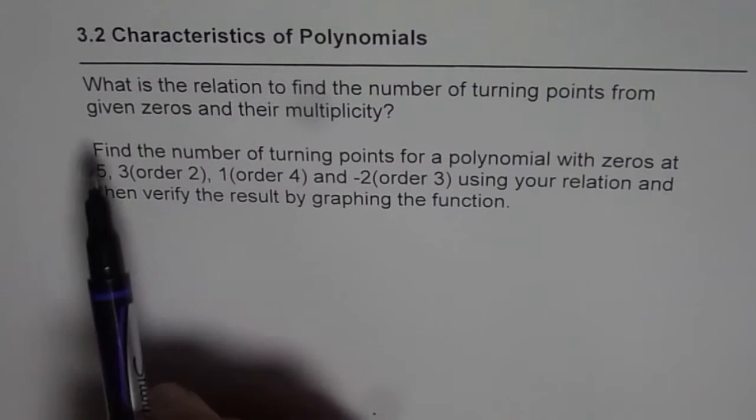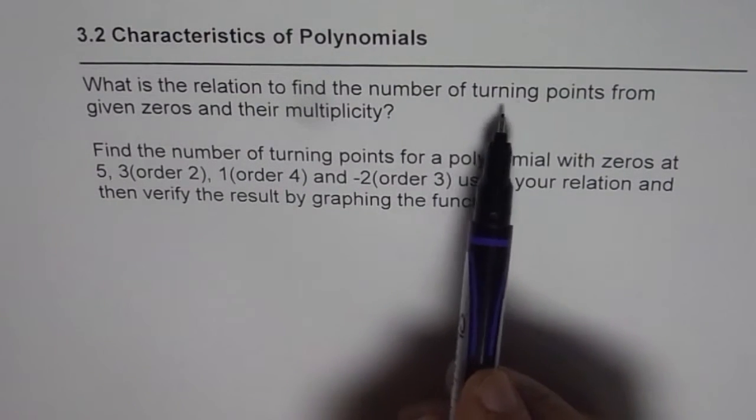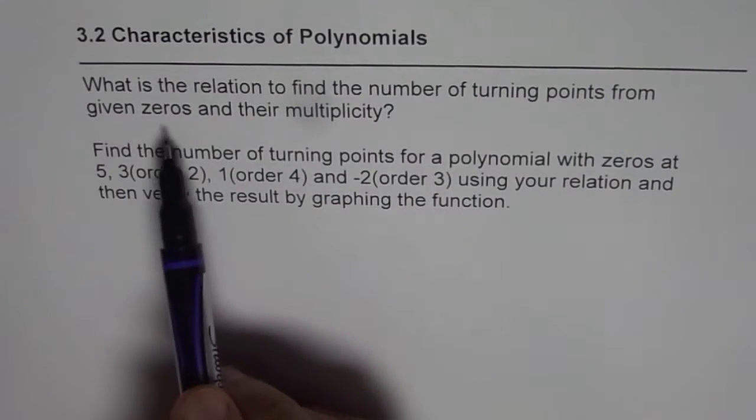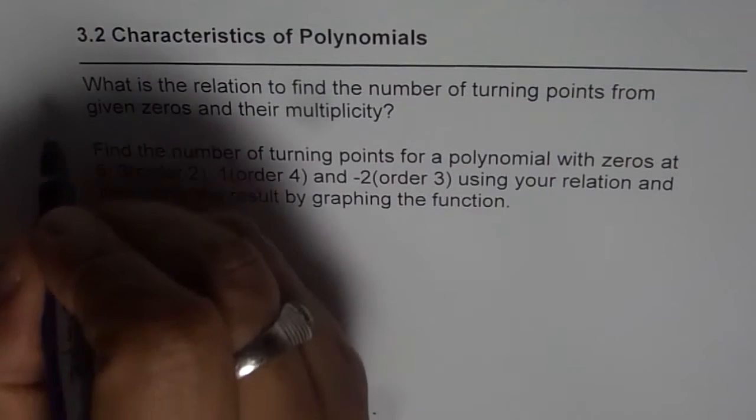The question is, what is the relation to find the number of turning points from given zeros and their multiplicity? So we need to find a relation between the number of turning points and zeros. Now that's the first part.